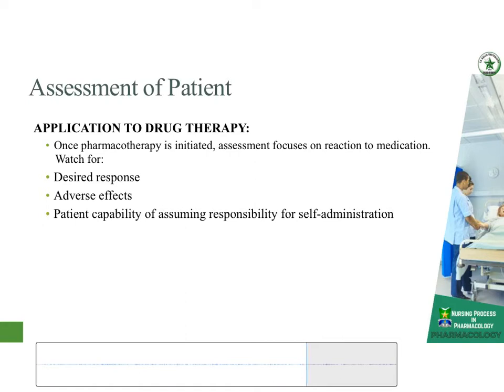Okay? If assessment reveals that the patient is incapable of self-medication, then alternative care must be arranged. Okay? You can ask significant others, the spouse or family members, to remind or assist the patient in taking medications at home.